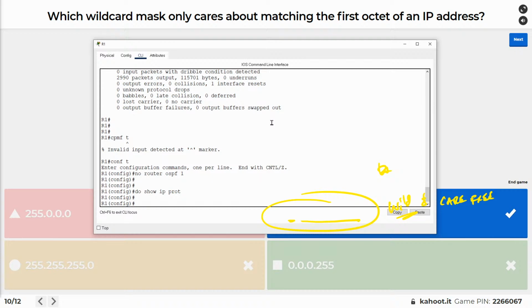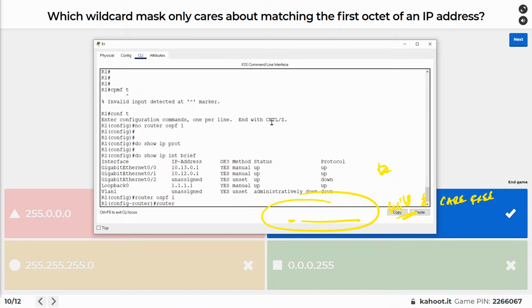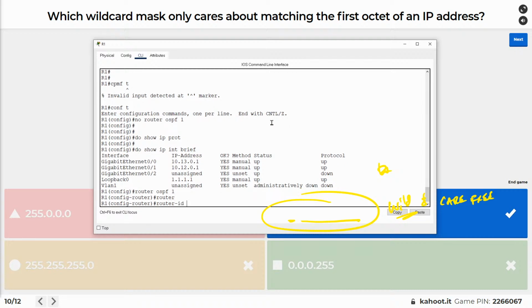Nothing is running on this for a routing protocol. Then we say router ospf 1 and give it a router ID, 1.1.1.1, although it would have picked that up from the loopback. But in the future, if we create a new loopback with a higher IP address, we want it to stick at this IP address.